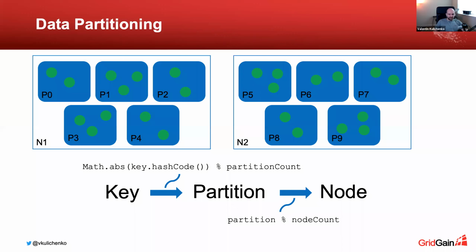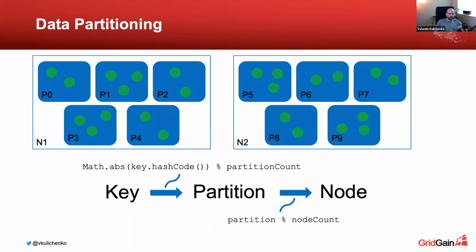So when we get this notification from the discovery, the storage will only check these 10 partitions, as we have in this example, and will redistribute partitions rather than keys. During rebalancing, we essentially work with partitions as whole entities. We don't care about individual keys anymore.